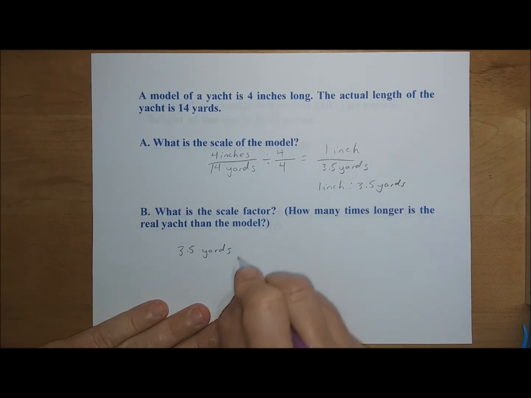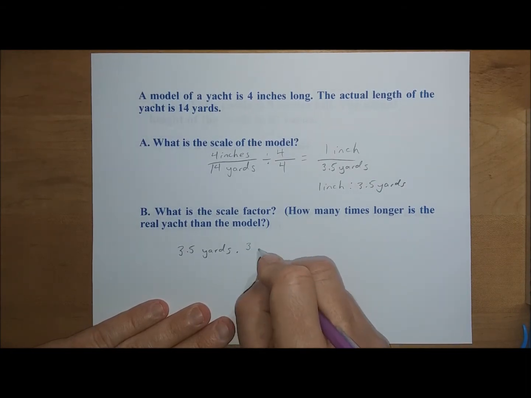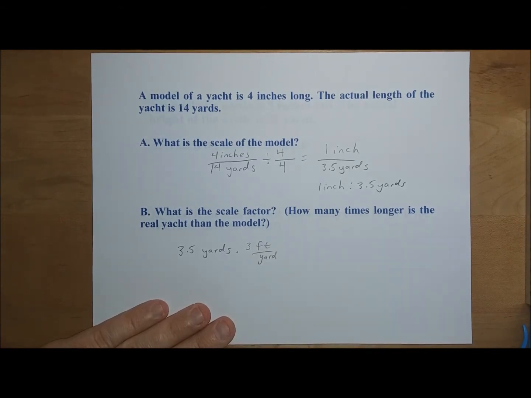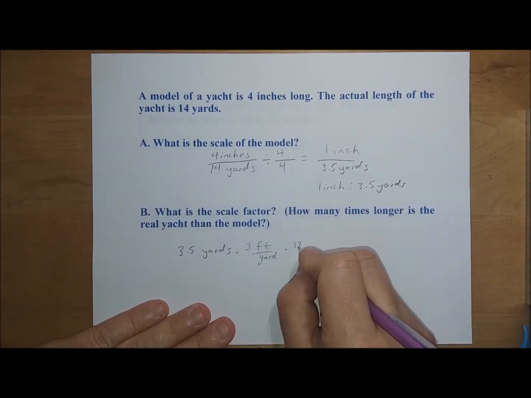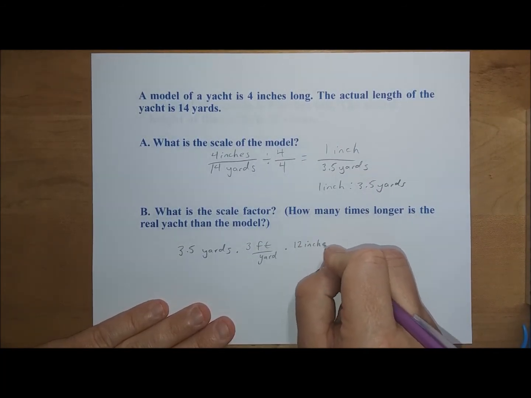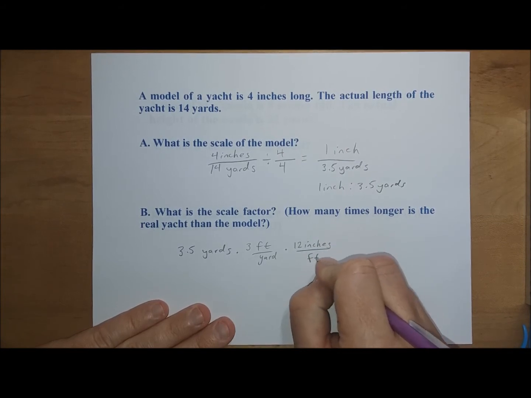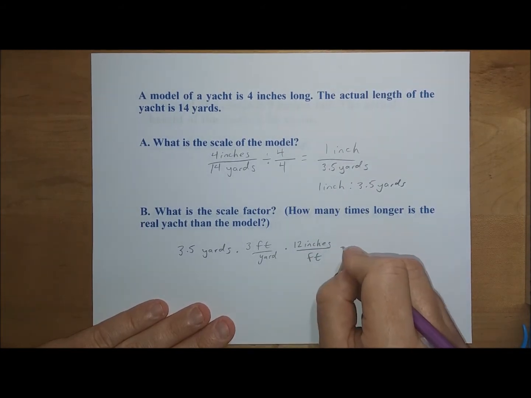I'm going to multiply that by 3 feet in a yard, right? I could say 3 feet per yard. And I can multiply that by, remember, I'm going after inches, 12 inches per foot, okay? And let's see what we get.